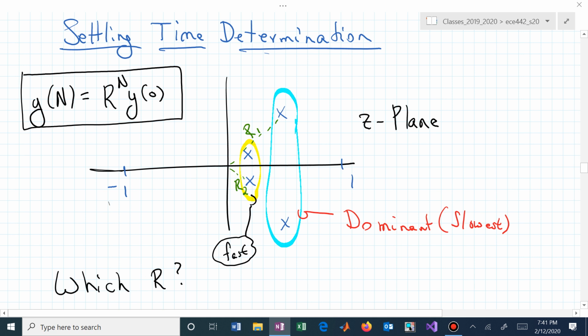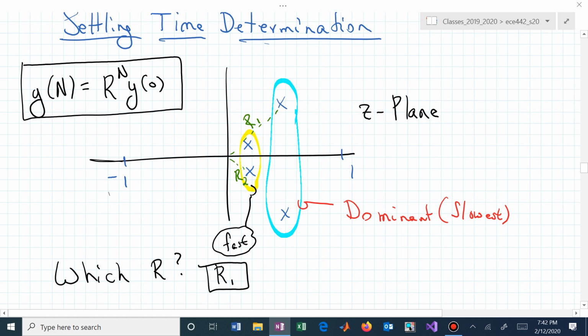It's the slowest that determines the settling time, because the fast one's going to settle quick, and the slow one is coming in slower. You use the dominant, the slowest pole, to determine settling time. So which R? It's R1.